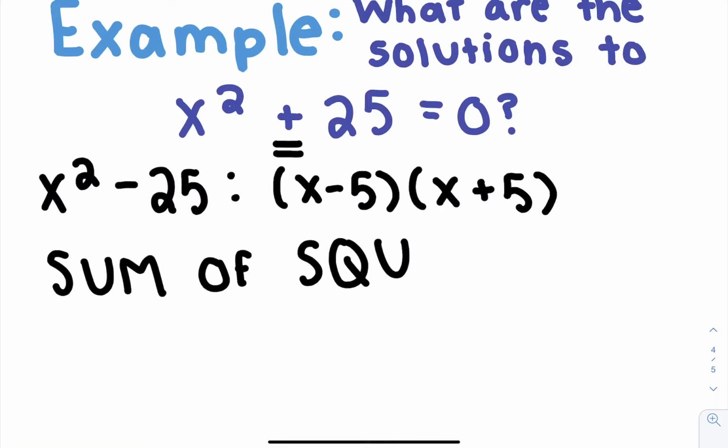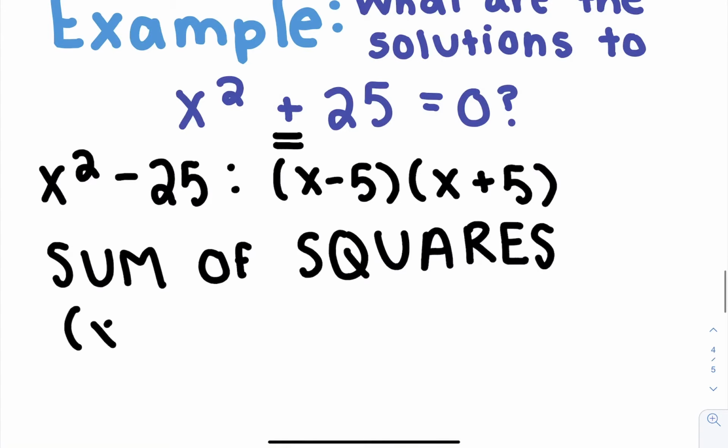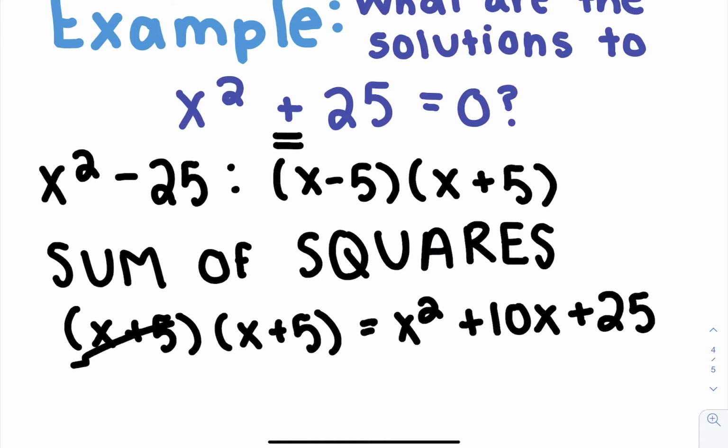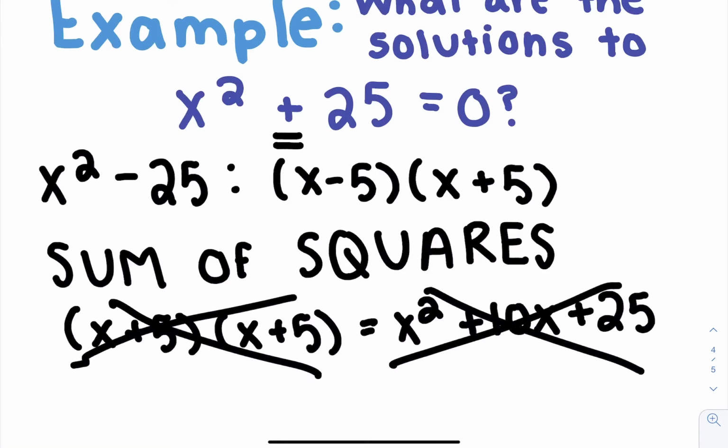And you might try and guess what you could factor. You might try x plus 5 times x plus 5. Doesn't work because if you do x plus 5 times x plus 5, we have to FOIL and we end up with x squared plus 10x plus 25. So this actually isn't going to work for us.